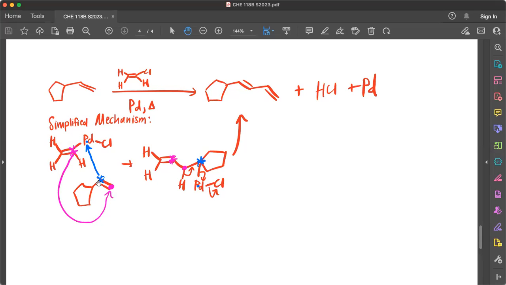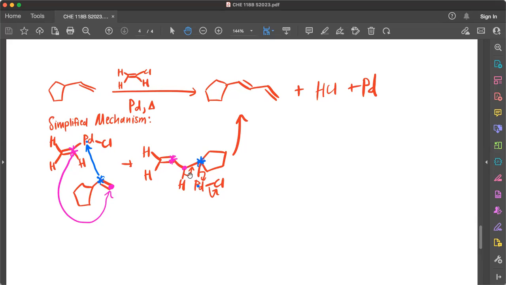And at the same time, the more substituted side will attack the palladium. We see here, I dotted the carbon being attacked. I starred the atom that is the attacker. We see the new bond between the atom that is the attacker and the atom being attacked. Here, we see this more substituted alkene attack the dotted palladium.